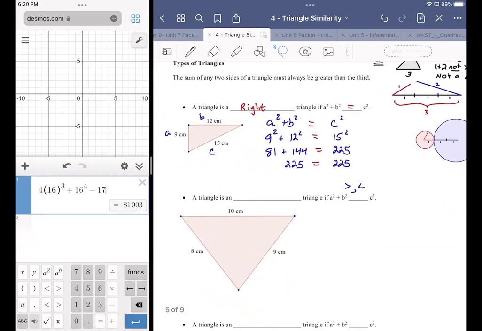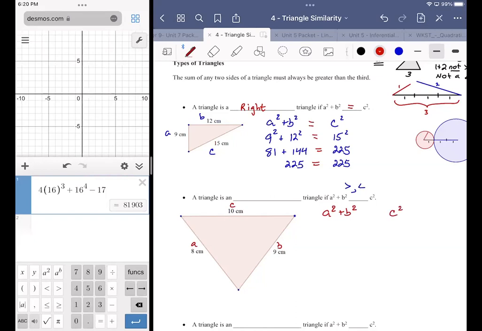The longest side is 10. So that would be my C. Typically, we go shortest side as A, middle side is B, but those 2 are interchangeable, so it doesn't really matter. But I'll call this one A and call this one B. So again, A squared plus B squared, some relationship to C squared. All right.